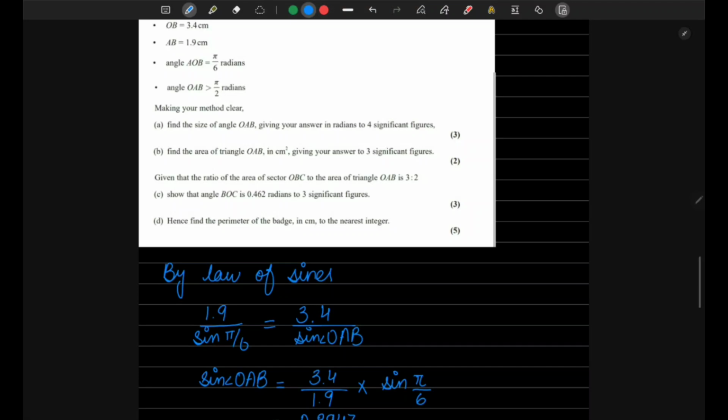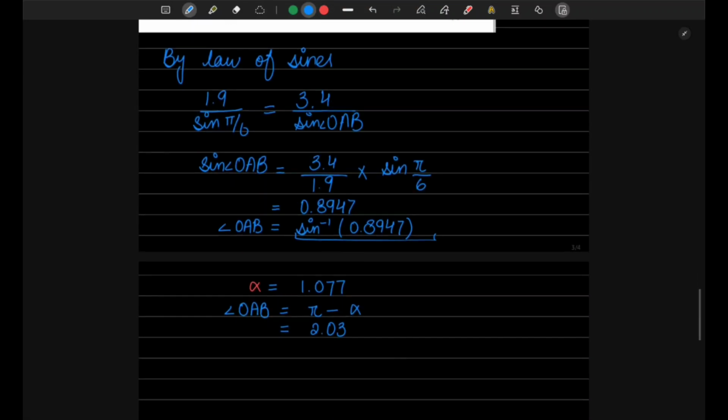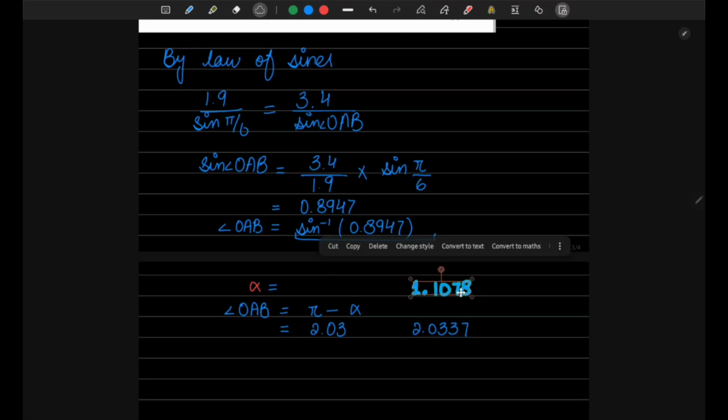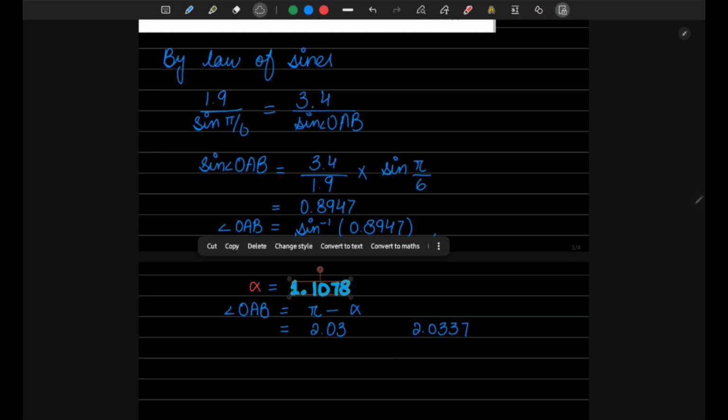We need to give the answer in 4 significant figures, so no worries, let's do that. When I recalculated it directly, there is a little difference in the values, so the correct value would be 1.1078 for alpha, the sine inverse of this value.